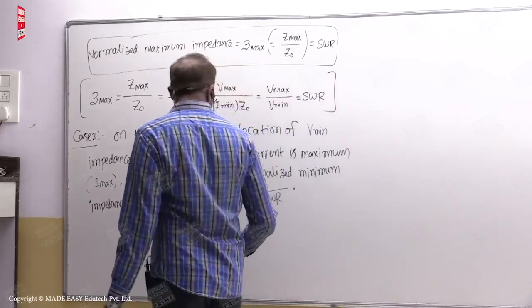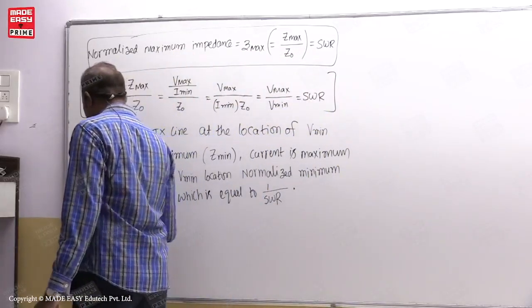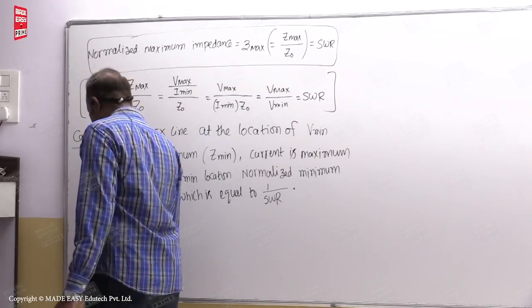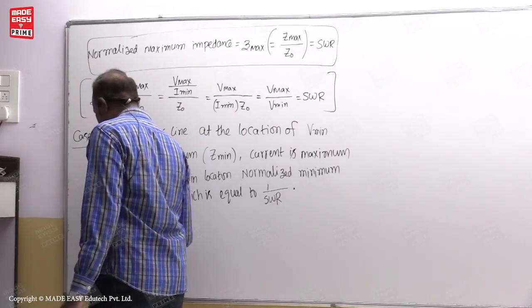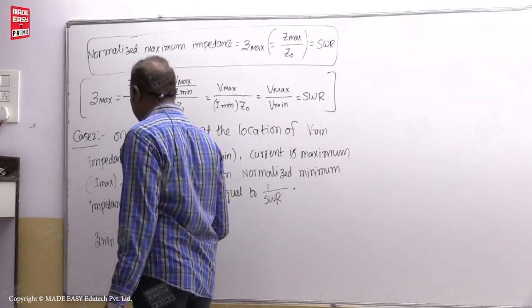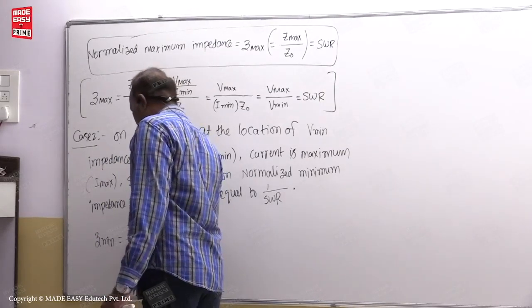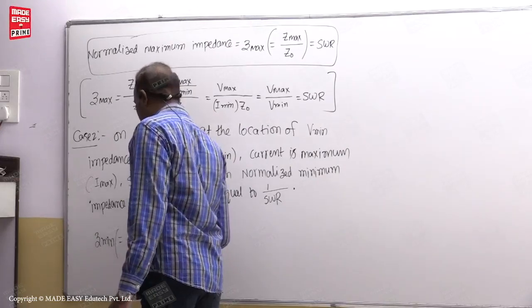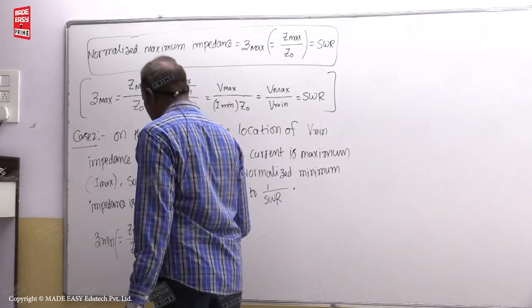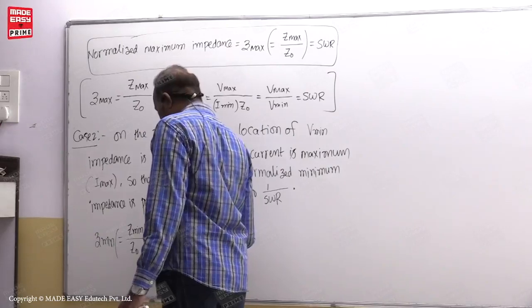So I am writing here small z minimum is defined as impedance minimum divided by Z naught, that is equal to 1 by SWR.